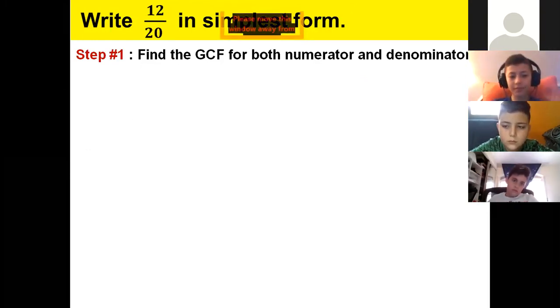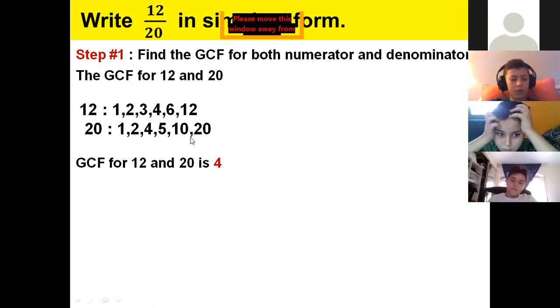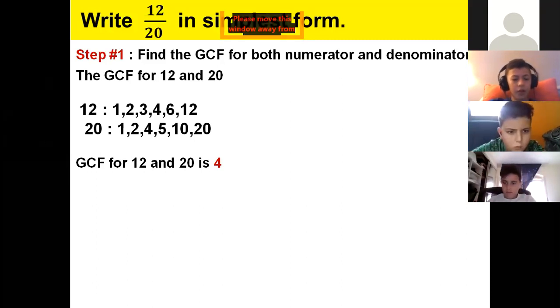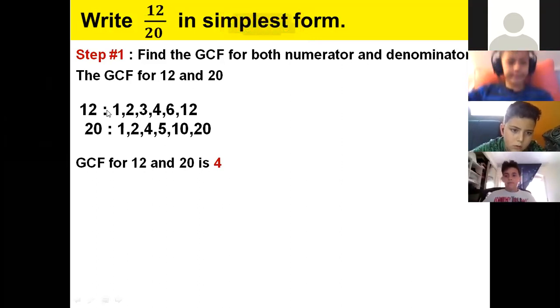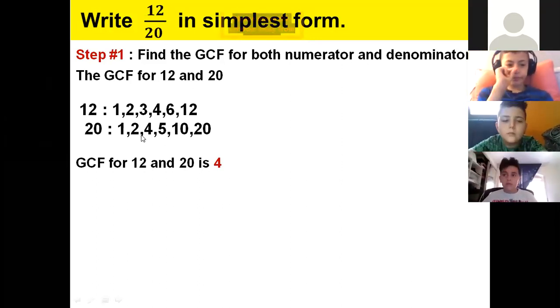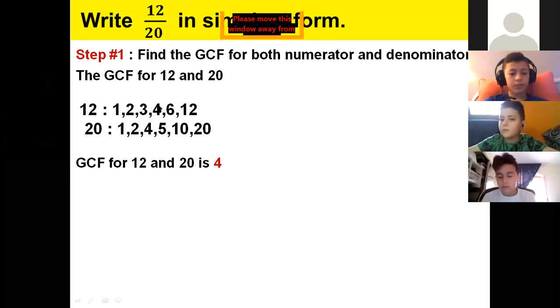So the numerator is 12, the denominator is 20. You can list the factors of 12 and the factors of 20. Remember to write all the factors, because sometimes if you miss one factor, that factor might be the greatest one that we need. So here are the factors of 12, and the factors of 20. The greatest common one: we can see 1 in common, 2 is in common, 4 is in common.